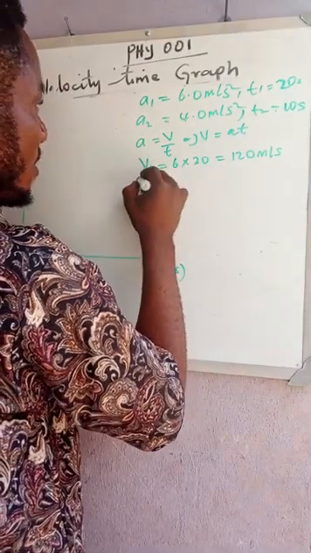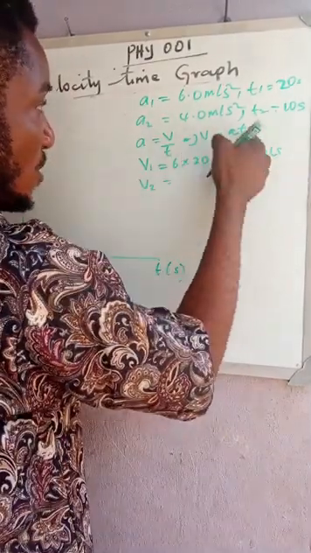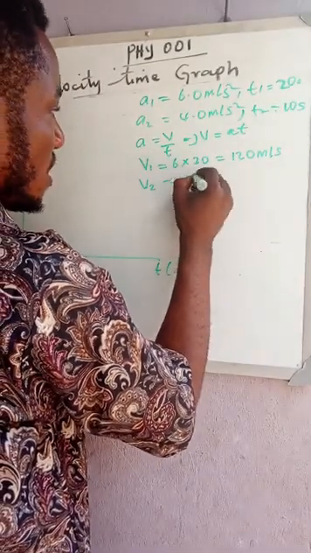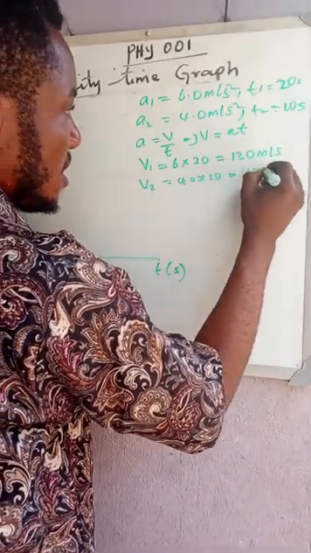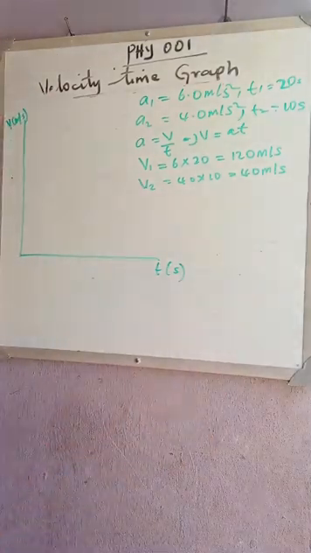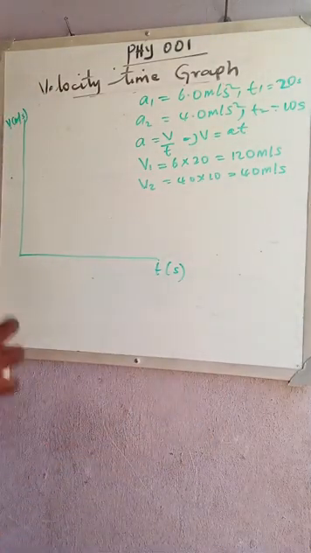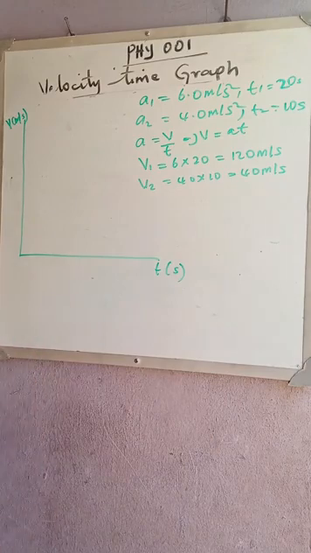Then V2, using the same formula, is equal to 4.0 times 10, giving me 40 meters per second. So I've converted all these from acceleration to velocity.